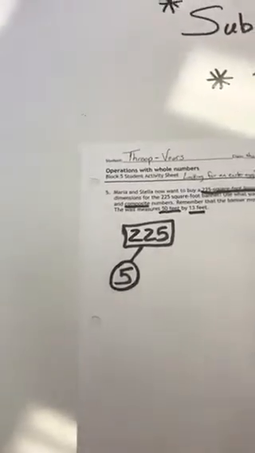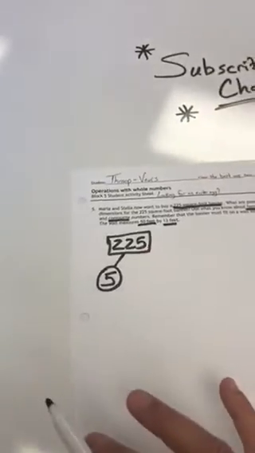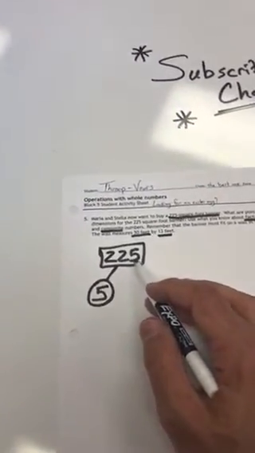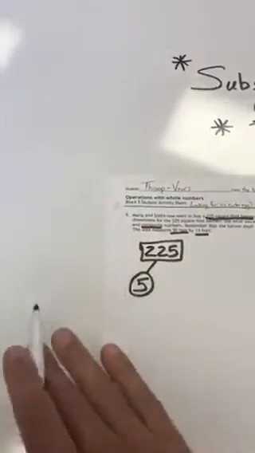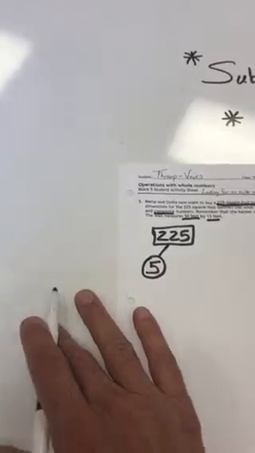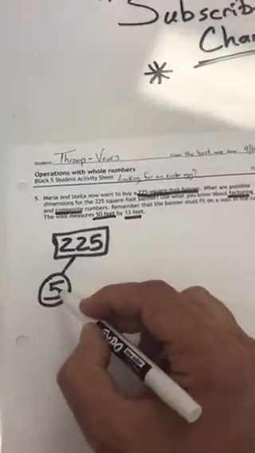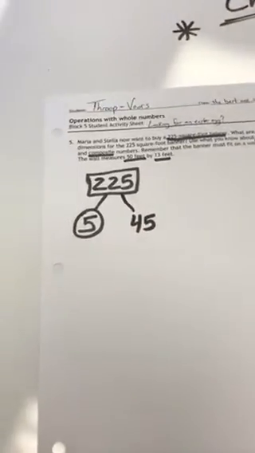So 5 goes into 200 40 times, and that'd be 200. Well, I still have 25, so 5 times 5 is 25. So if I think about 40 plus 5, that would be 45. So 5 times 45 is 225.